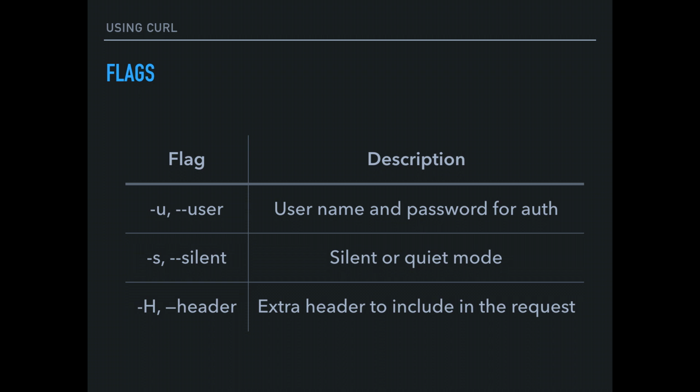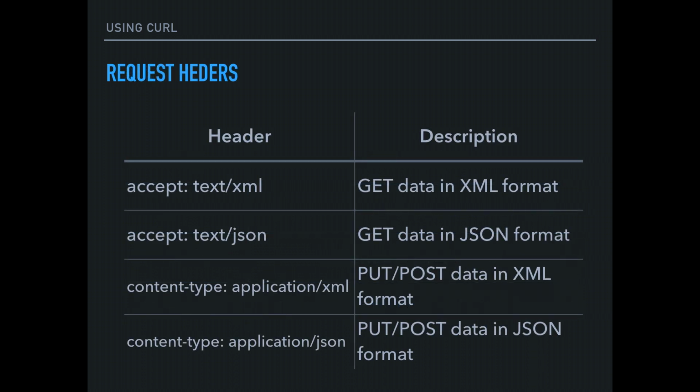This is really helpful when you're processing the data and doing string manipulation, so that you don't get a progress bar included in your variable. You just get the result you're looking for. You can play around with using that and not using that and see what the differences are. And then there's the -H or --header, which allows you to include an extra header in the request. And we'll talk a little bit more about that here.